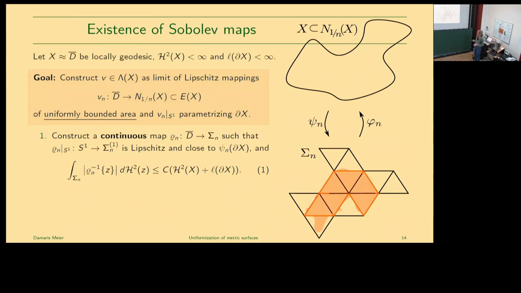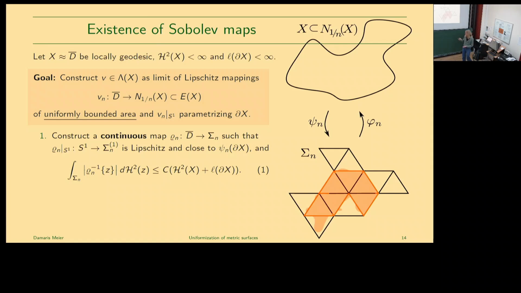That's the setting. What we want to do is we first construct a continuous map from the disk into this simplicial complex, such that the boundary of the map is contained in the one skeleton, and it is close to the image of the boundary of X when we map it down with psi n.